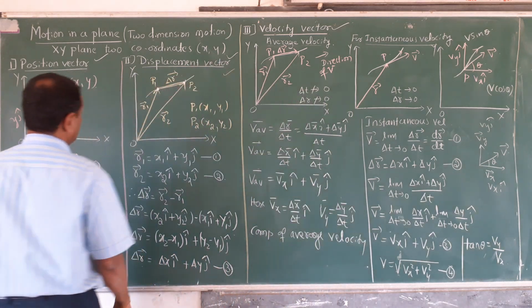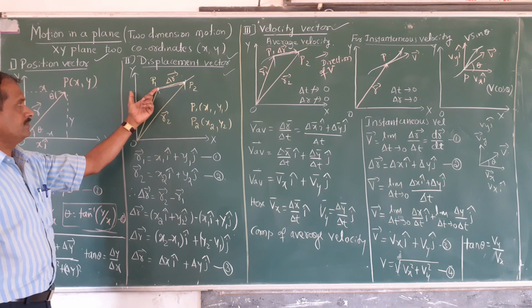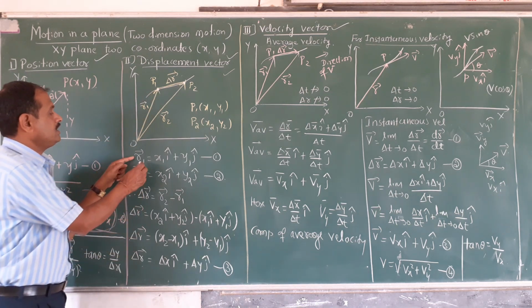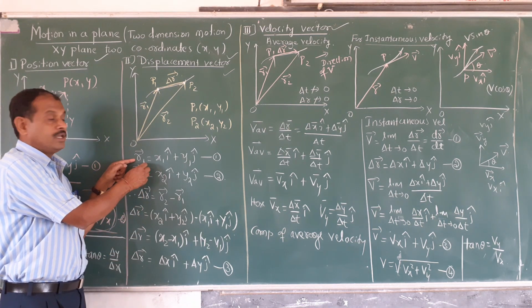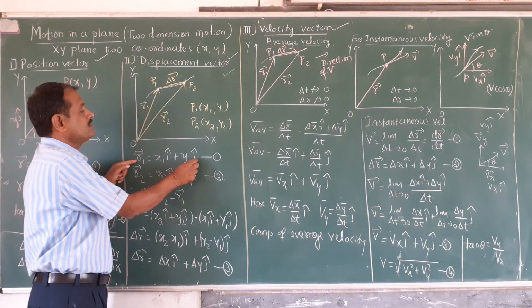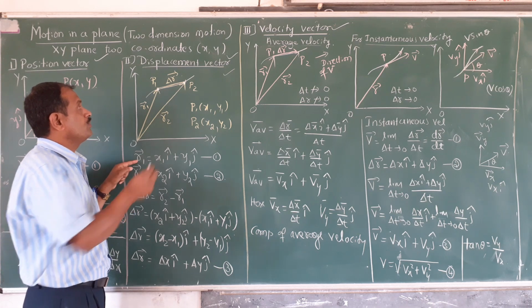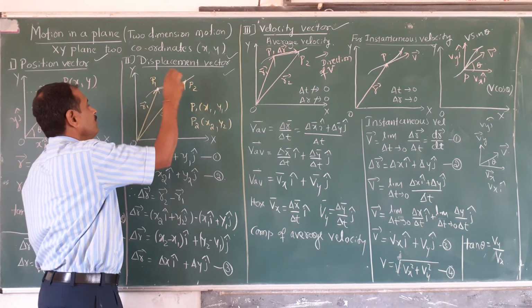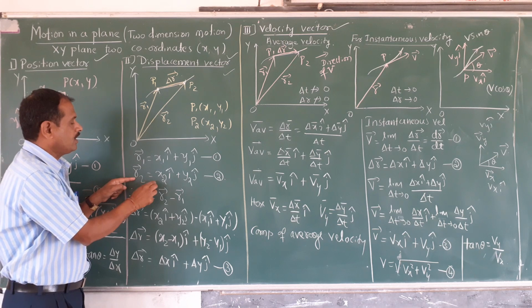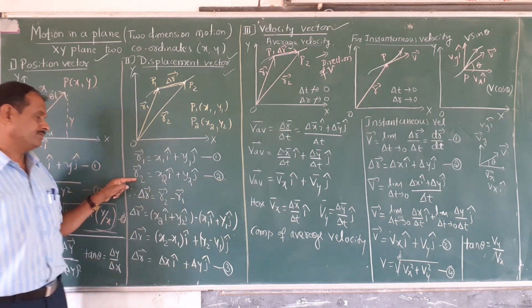Now the position vector for the first position is vector r1. Vector r1 is equal to x1 i cap plus y1 j cap. Similarly, position vector for position P2, vector r2 is equal to x2 i cap plus y2 j cap.